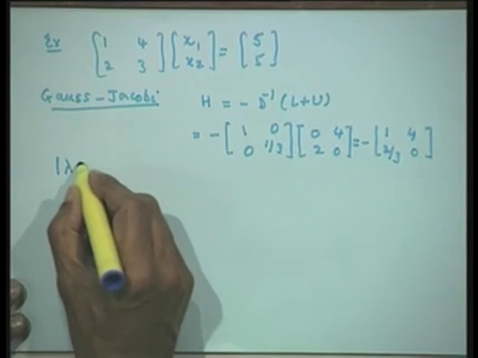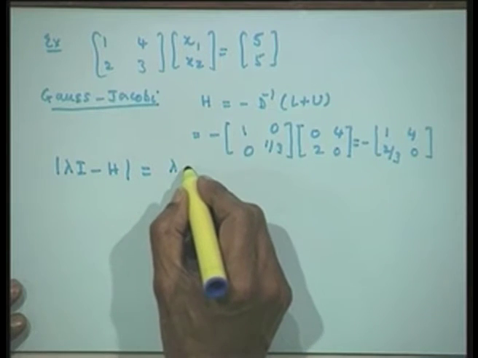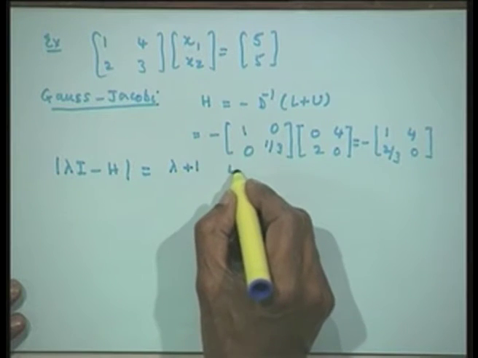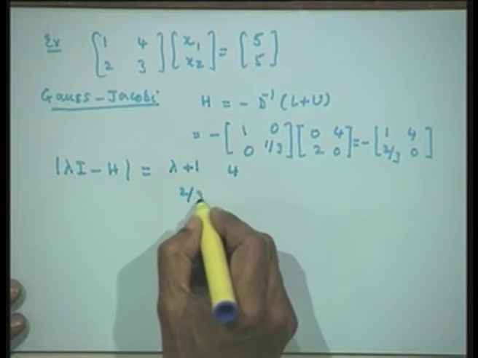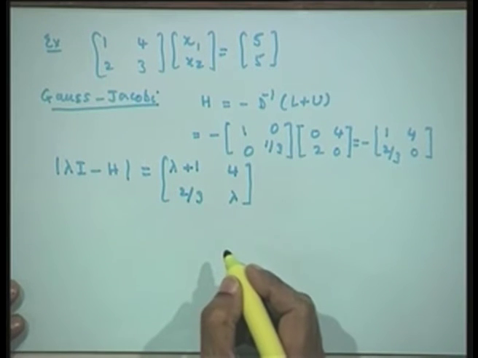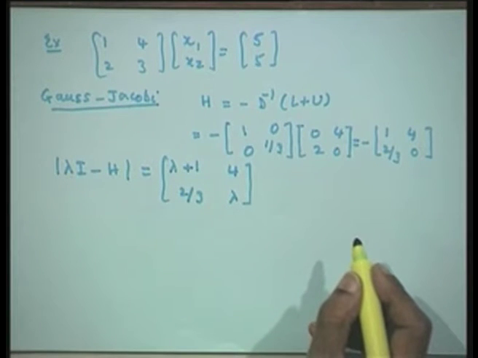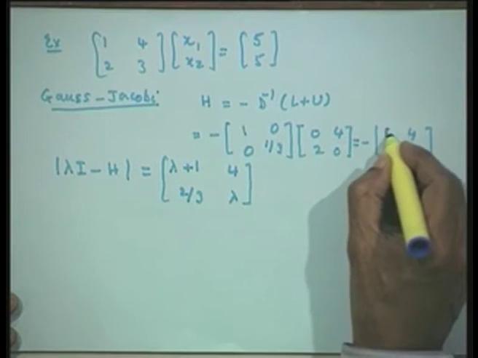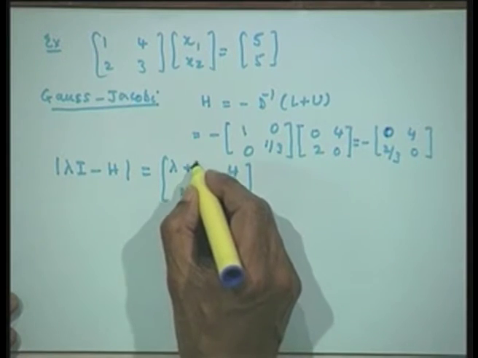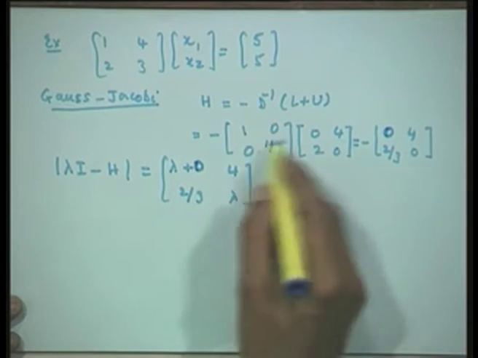Now, let us find out the eigenvalues of this. So, lambda I minus H is equal to lambda, minus H, that is lambda plus 1, this is 4, this is 2 by 3 lambda. No, I made a mistake here. This is a 0, this is 0, this is a 0.